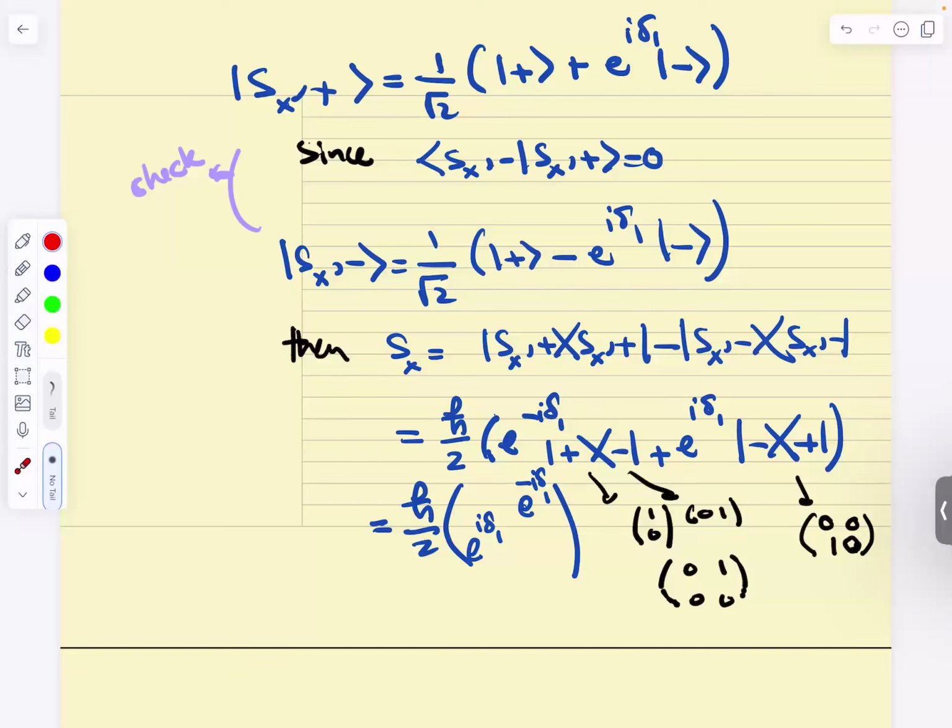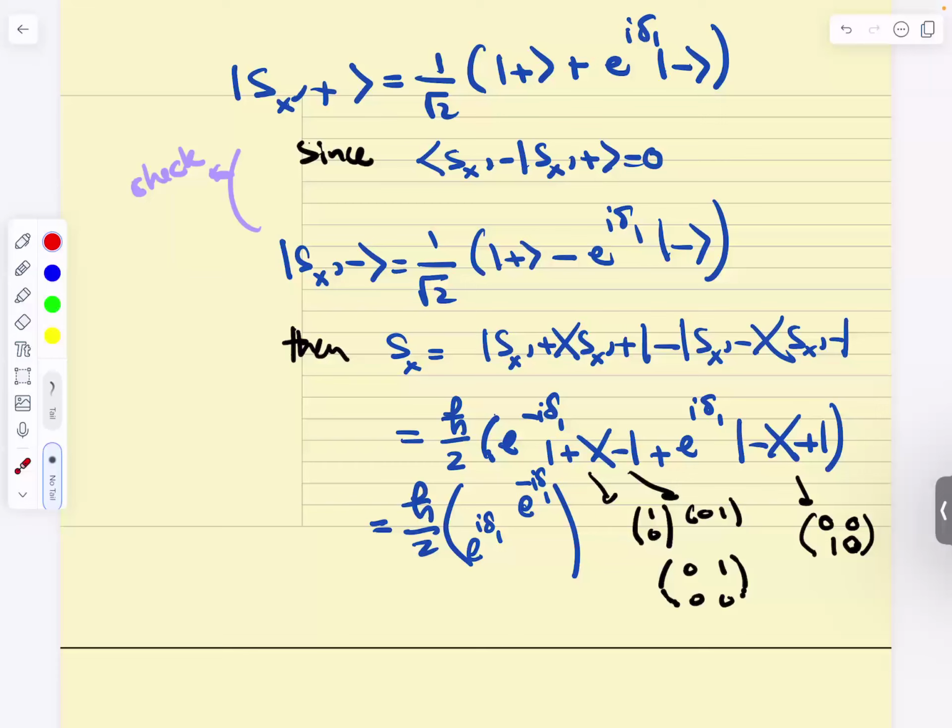So e to the power of i0 is just 1, and e to the power of minus i0 is 1. So I could just write ket plus plus ket minus, and ket plus minus ket minus. Or I can pick delta 1 to be pi, in which case this will be minus 1, this will be plus 1. Good?